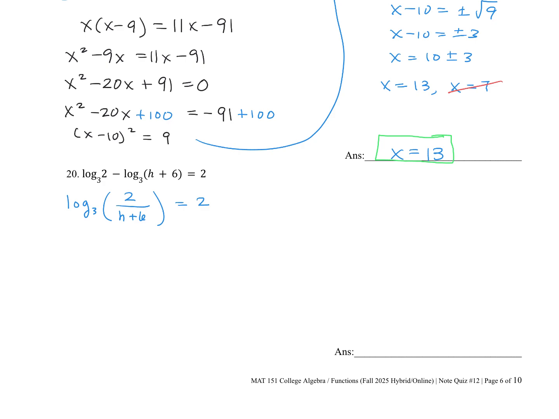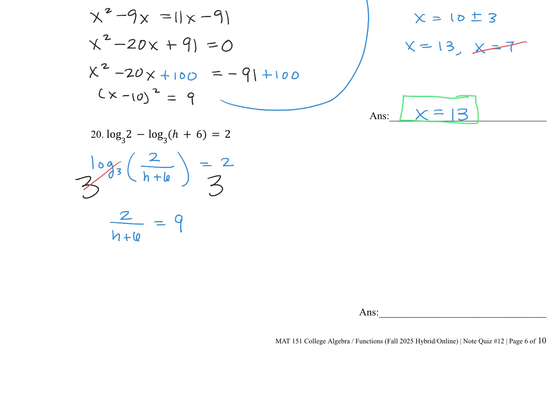So I'm going to put a big O 3 here and a big O 3 there. Inverses, I get 2 over h plus 6 equals 3 squared, which is 9. To solve this, I now multiply by the LCD, which is h plus 6 on both sides. And I end up with a 2 is equal to a 9h plus 54.